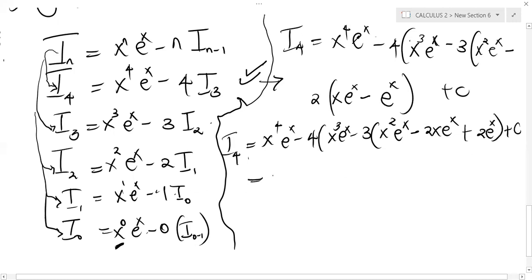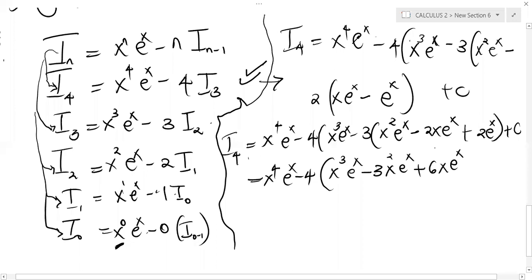Okay, opening this up, we have exponential x minus 4 into x cubed exponential x. So use minus 3 to open the whole of this bracket. We'll have minus 3x squared exponential x, minus will give us plus 6x exponential x minus 6 exponential x plus c. And finally, using 4 to open that whole bracket, we'll have x raised to power 4 exponential x.